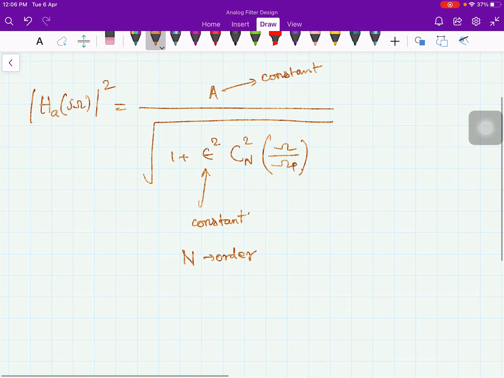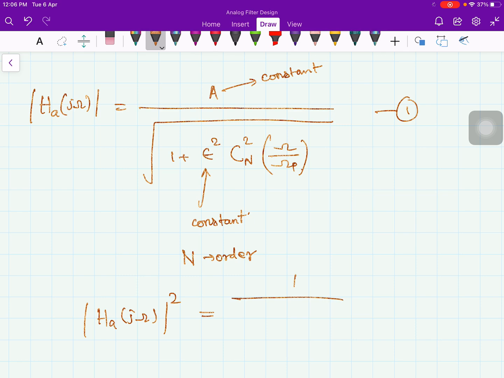Let me call this equation number 1, and this equation 1 is the form of the magnitude function. If I square this magnitude function HA of j omega on both sides, then it would be 1 divided by 1 plus epsilon squared Cn squared of omega by omega p.